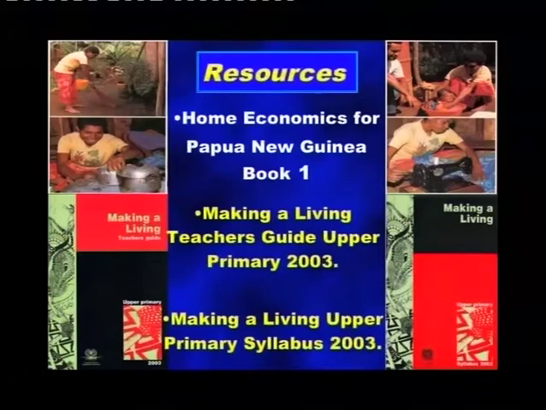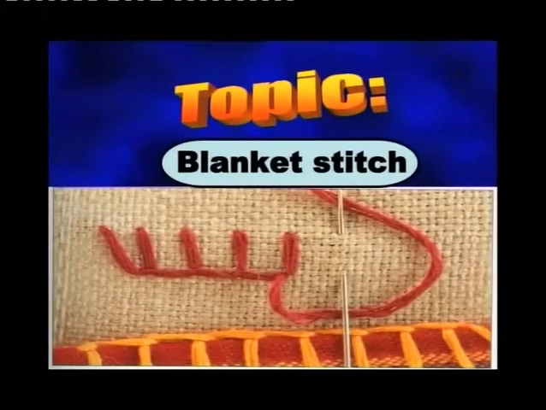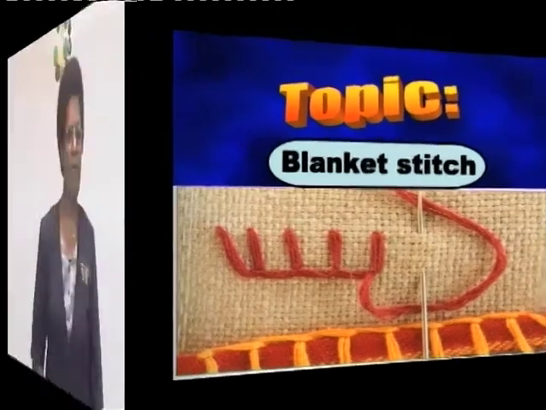Now, when you have a look at the screen, our topic says blanket stitch. Blanket stitch is one of the common stitches that we will be using in sewing our pillowcase.